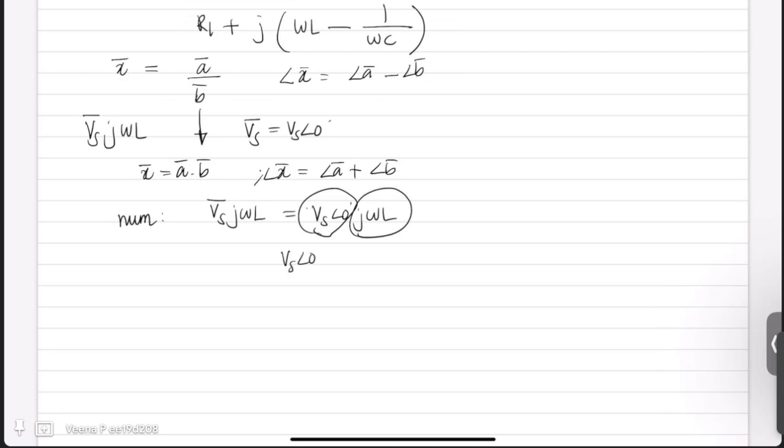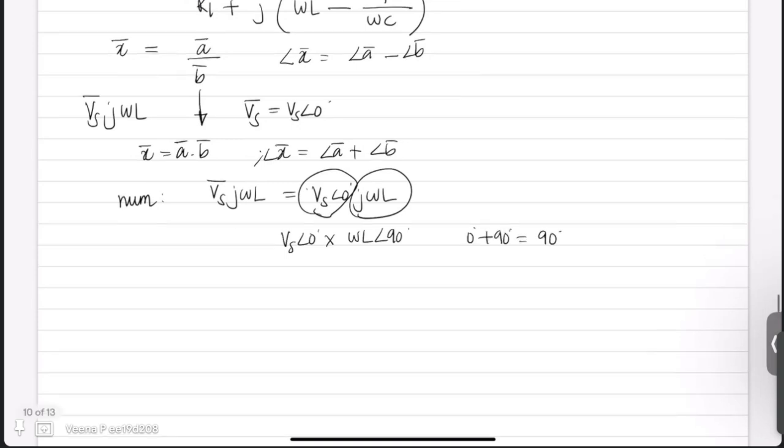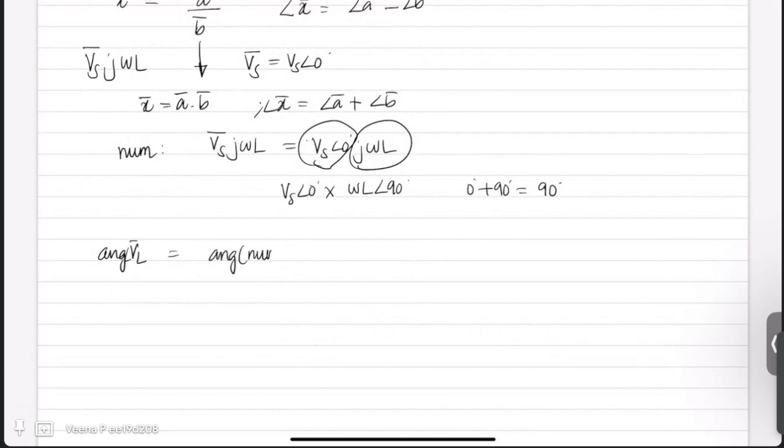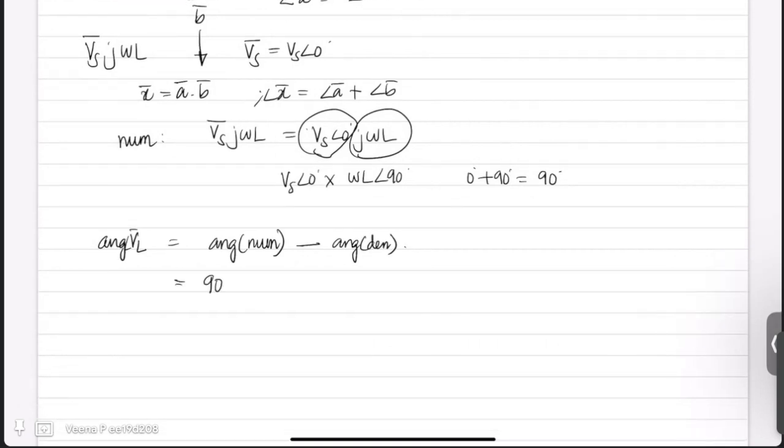One is Vs angle 0, another is omega L. J is nothing but 90 degrees. So the product of this will have an angle of 0 plus 90, which is nothing but 90 degrees. So if you want to write the angle of the vector VL, it is nothing but angle of numerator minus angle of denominator.